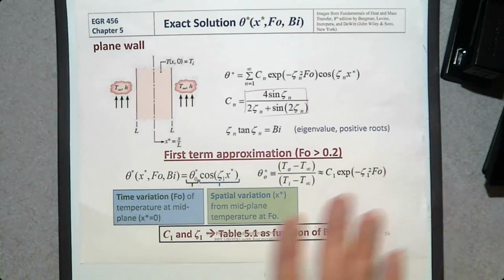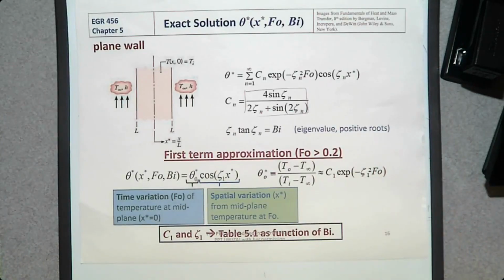So this is the solution. So this is what we are going to use. However, you are not going to use this equation as is because it's very complicated. So on Thursday, we are going to study how to simplify this equation, which is called the first term approximation.